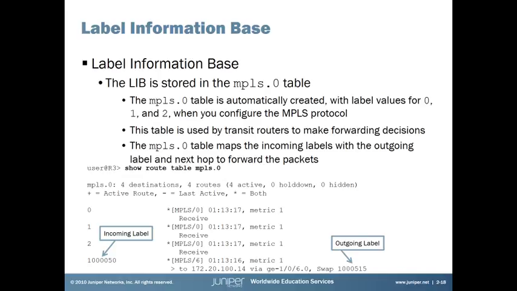So when MPLS is configured on a router, this new table is created. What we're doing then is we're able to forward packets, and this is kind of important, completely independent of the IP addresses in the header.